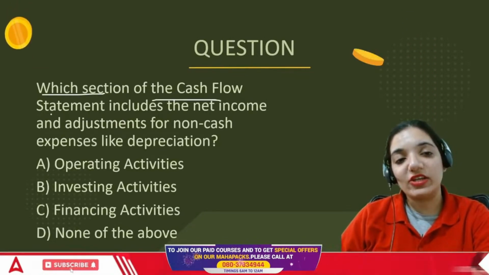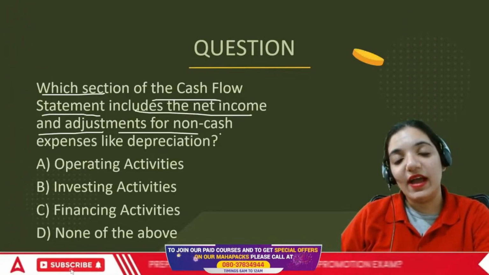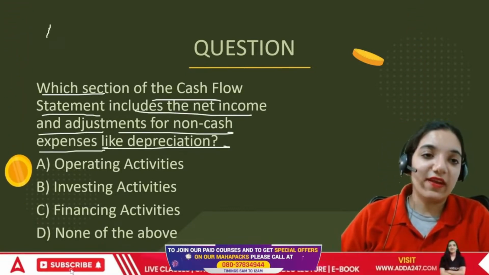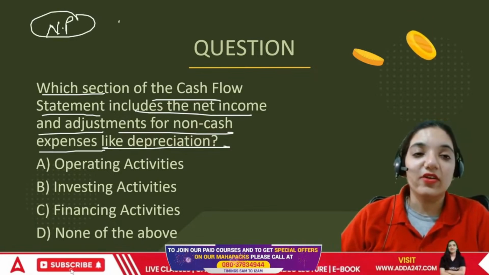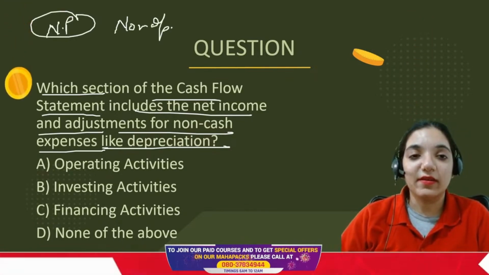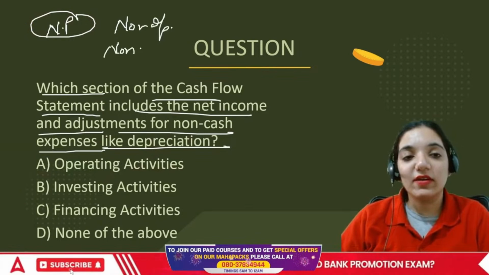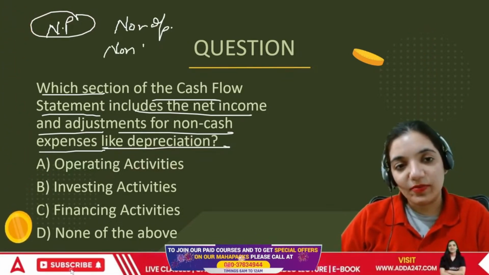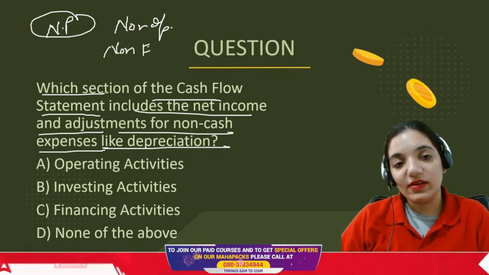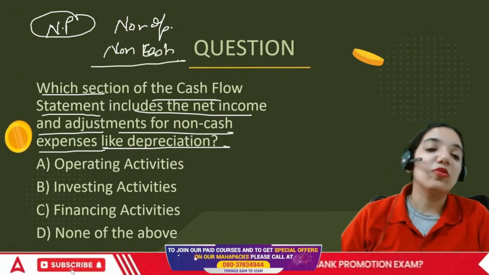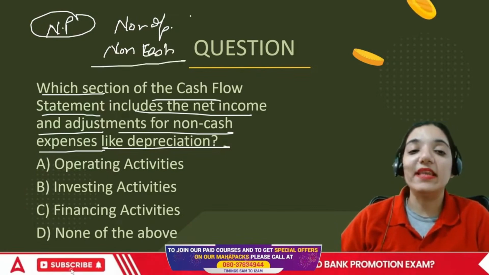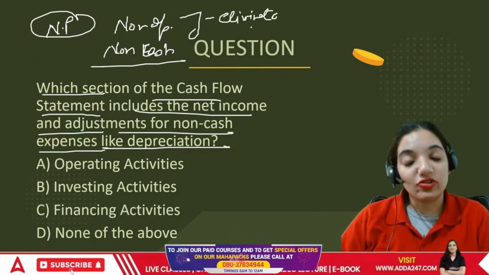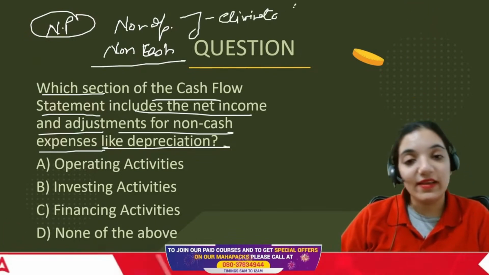Which section of cash flow statement includes the net income and adjustment of non-cash expenses like depreciation? First of all, they find the net profit and they adjust it for non-operating items and non-cash items. For both these kinds of things, they have to eliminate their effect. If it's a non-operating income, remove it by subtracting it.